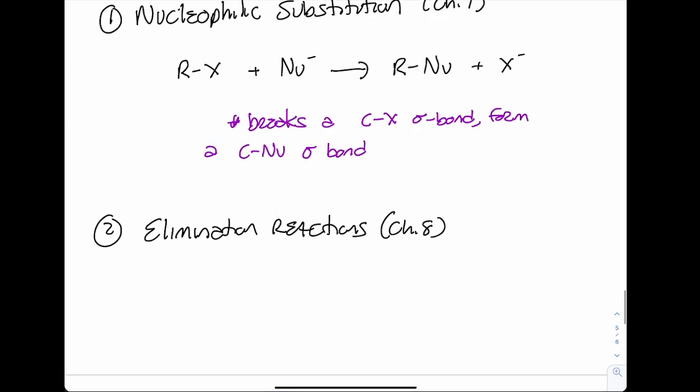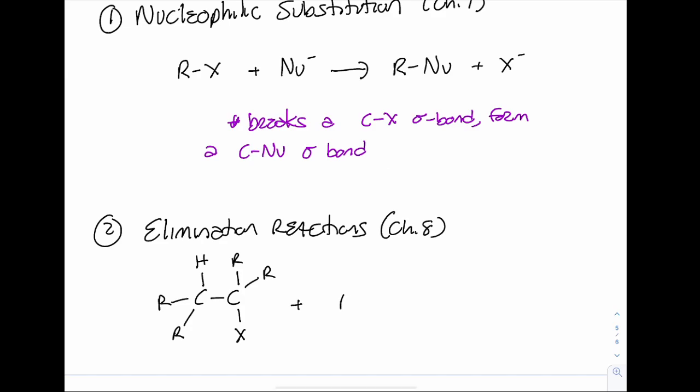So I'm actually going to draw this one out a little bit differently. I actually want to show, because we have to put a carbon-carbon double bond in here, so I need to draw 2 of my carbons out. So I'm going to have my halogen here, and then some R groups attached to it, and then some R groups attached also, and then 1 hydrogen.